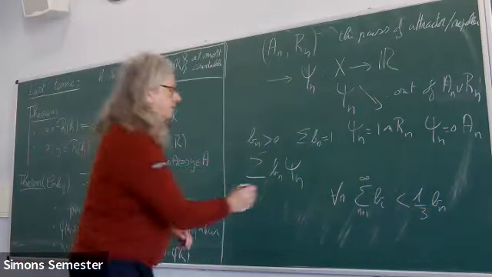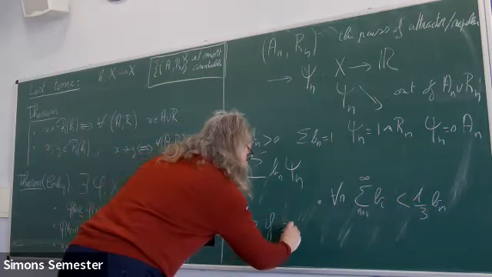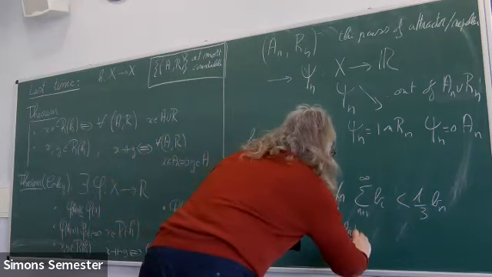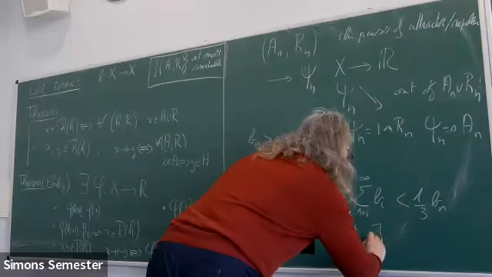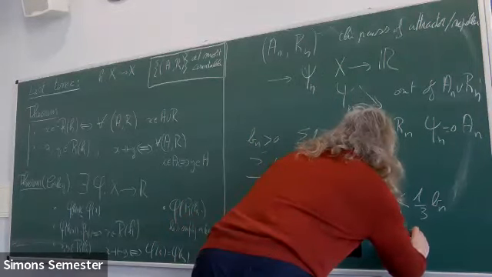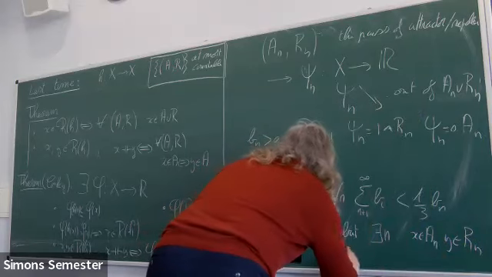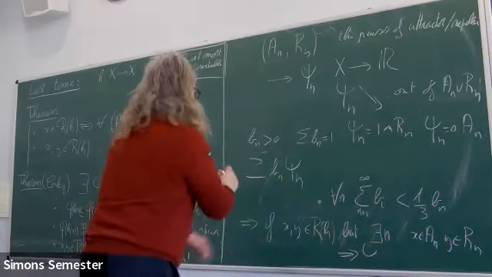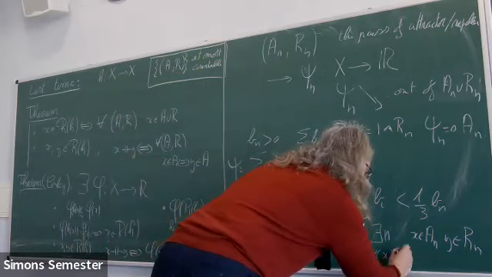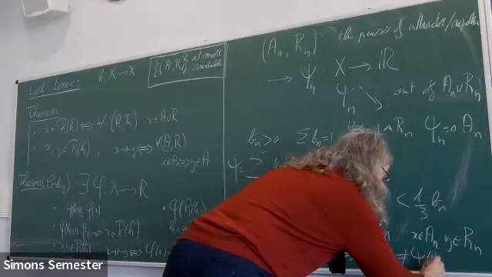And this implies that if x, y are chain recurrent, but there exists n with x in An and y in Rn, then psi of x is distinct from psi of y.